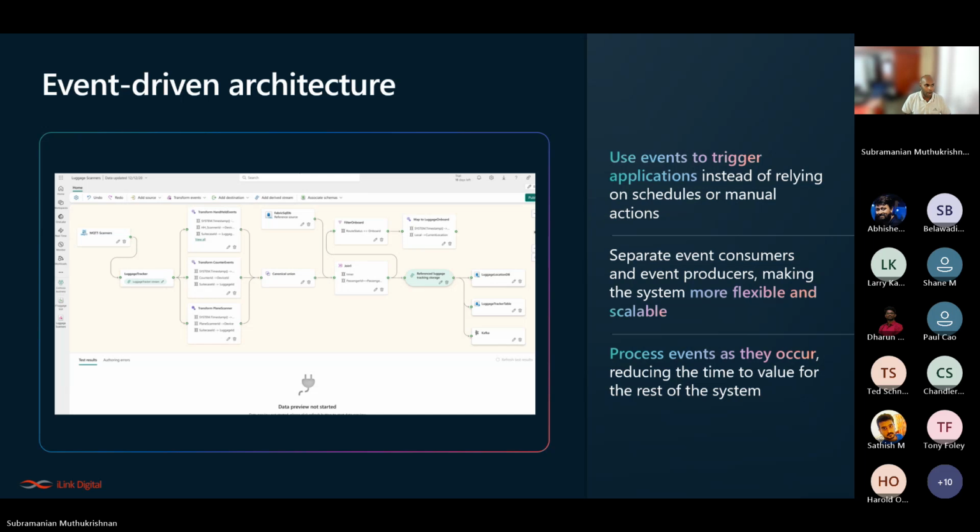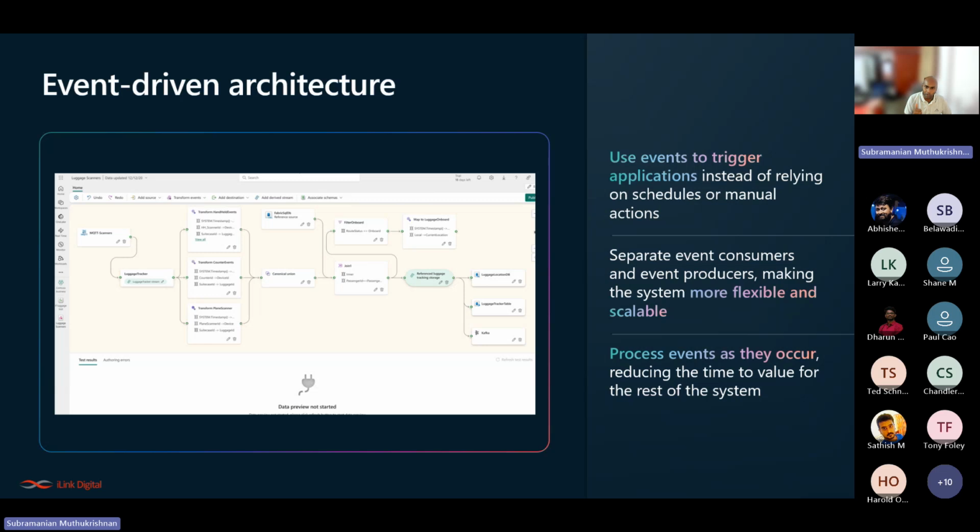Traditionally, all our systems work on a schedule. They check for updates every hour, every minute, or every day, and we consider that micro-batch or batch mode. Event-driven architecture flips this around completely. Instead of waiting and checking, the system responds proactively instead of reactively.